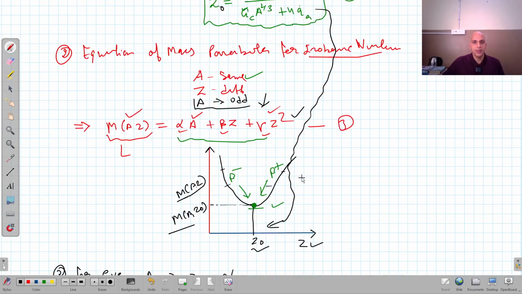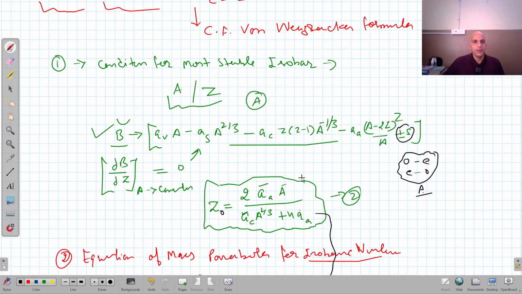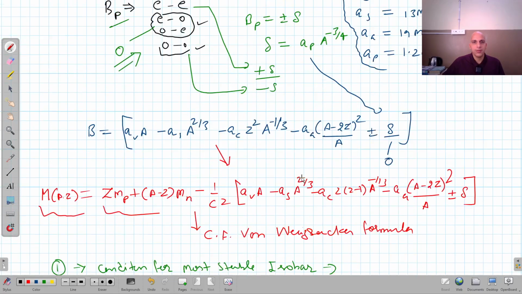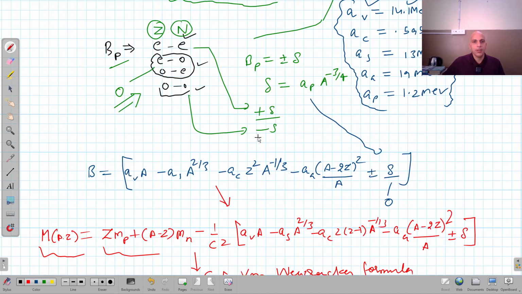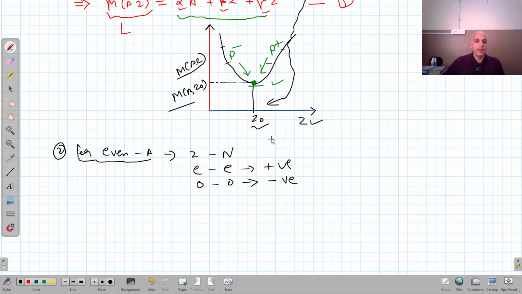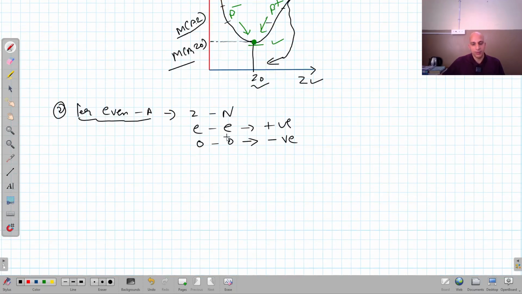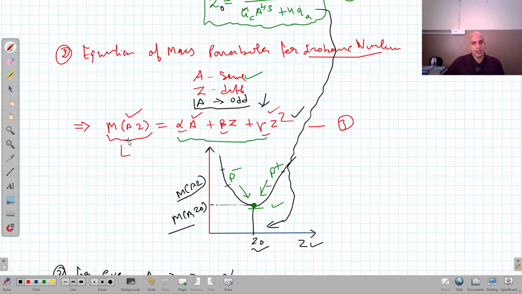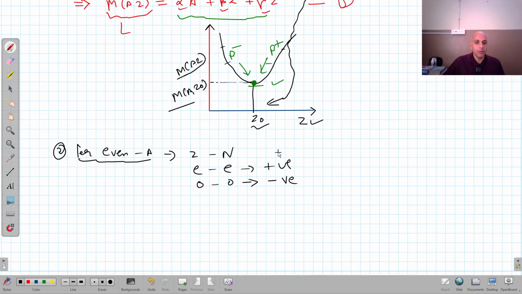You can see here, I have written: odd it is negative, and for even it is positive. Now when I simplify this equation, I will again get the same parabolic mass relation as this, but now the term corresponding to the pairing energy won't be equal to 0.